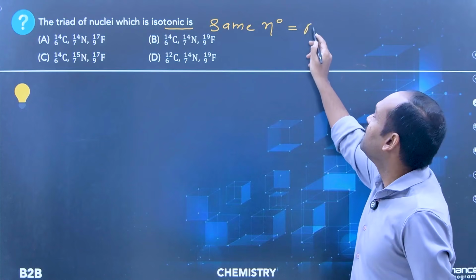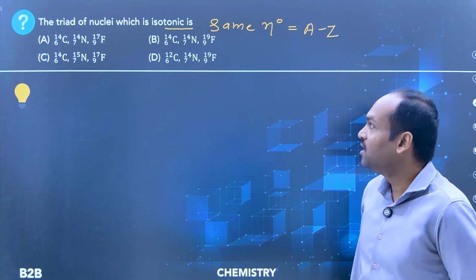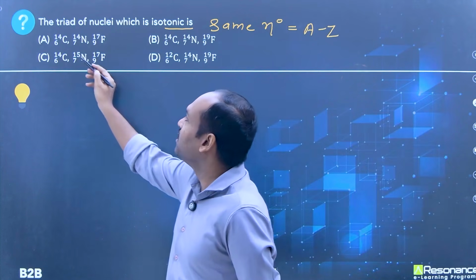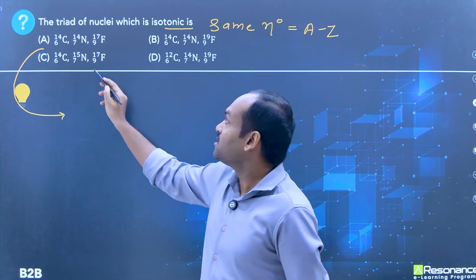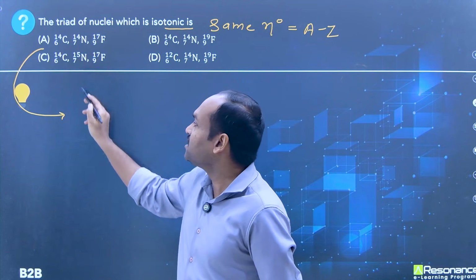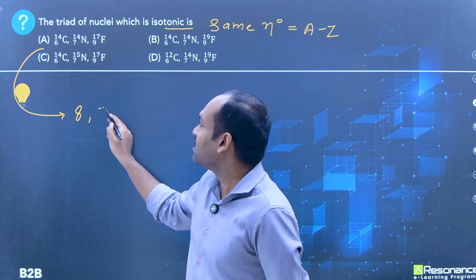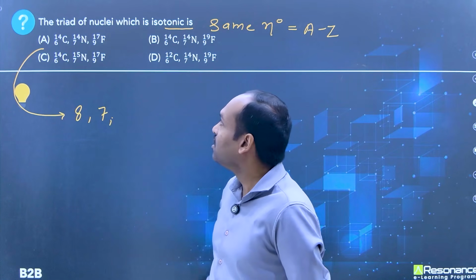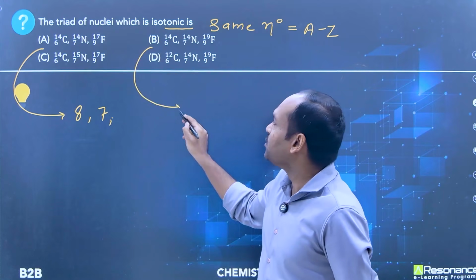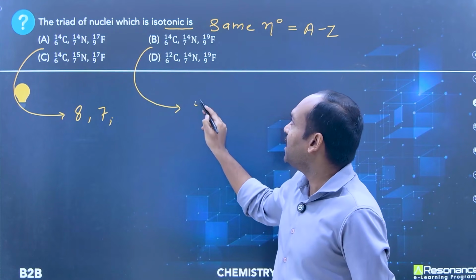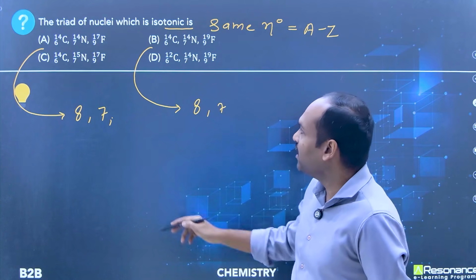Neutrons are A minus Z. In the A option, 16 minus 6, 10... 8, 14 minus 7, 7. So no need to check further. In the B option, 16 minus 6, 8, 14 minus 7, 7, no need further.